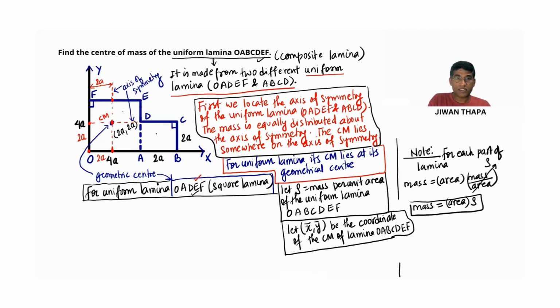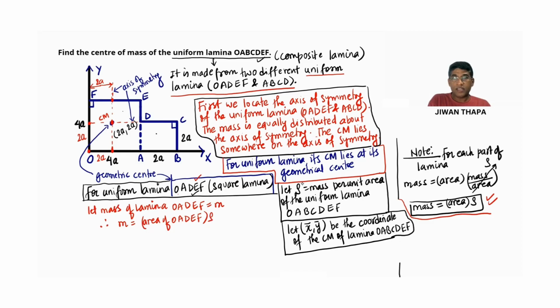Let the mass of lamina OADEF equal M. Therefore, M equals area of OADEF times rho.